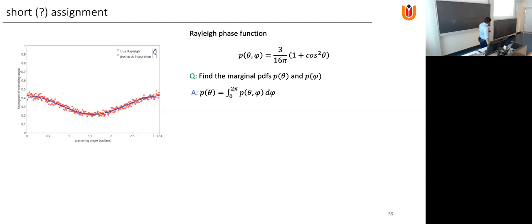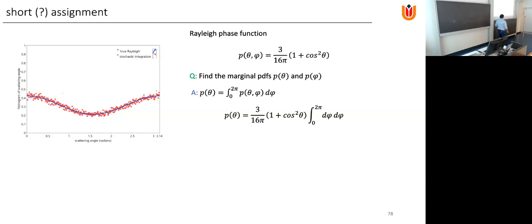So to find p of theta, I would have to integrate over phi. So that's the integral from 0 to 2 pi of the phase function d phi, which is easy because the function itself does not depend on phi, so I can put this whole integral term back here. Only once.